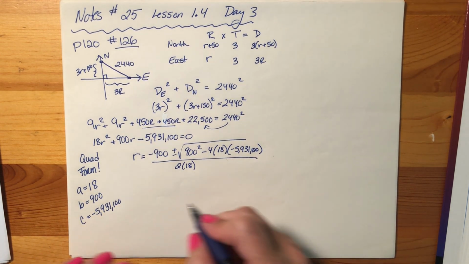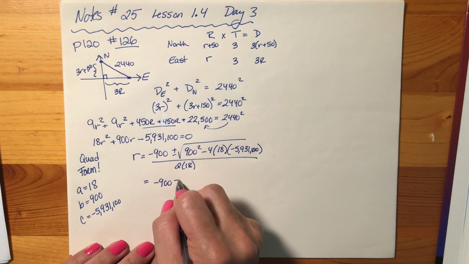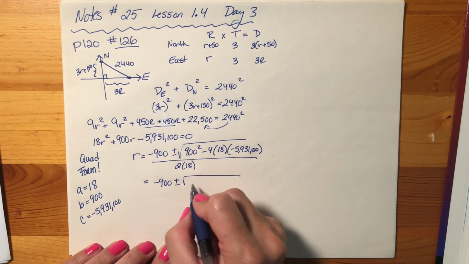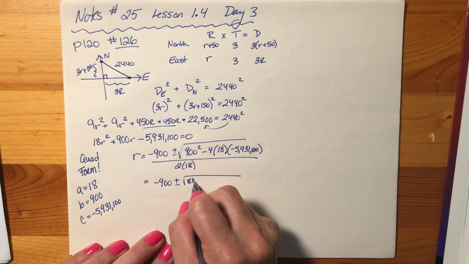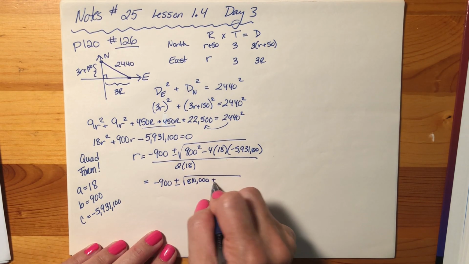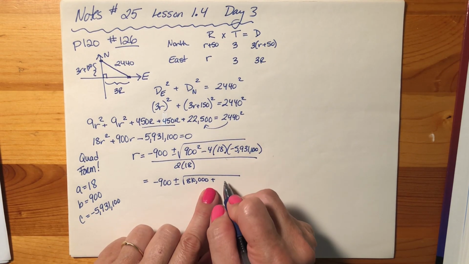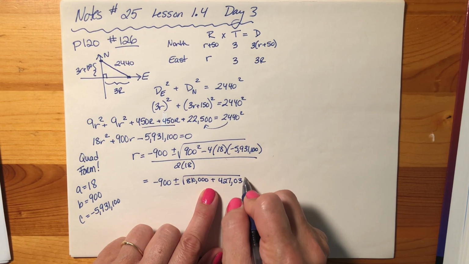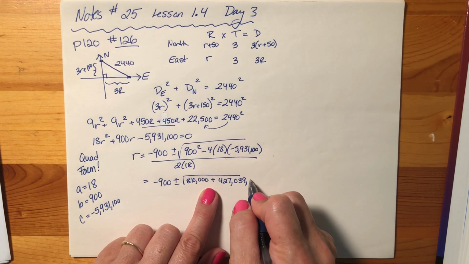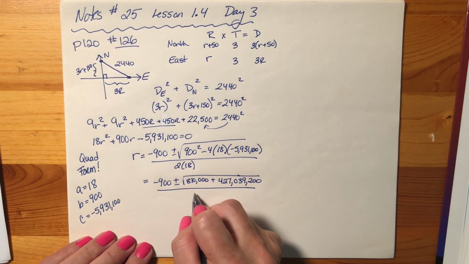Okay, so this is the point you pull out your handy dandy calculator and you've got negative 900 plus or minus the square root of 810,000 plus, and if I put all that in my calculator, notice that negative times negative is going to give me a positive. That's going to be 427,039,200 all over 36.